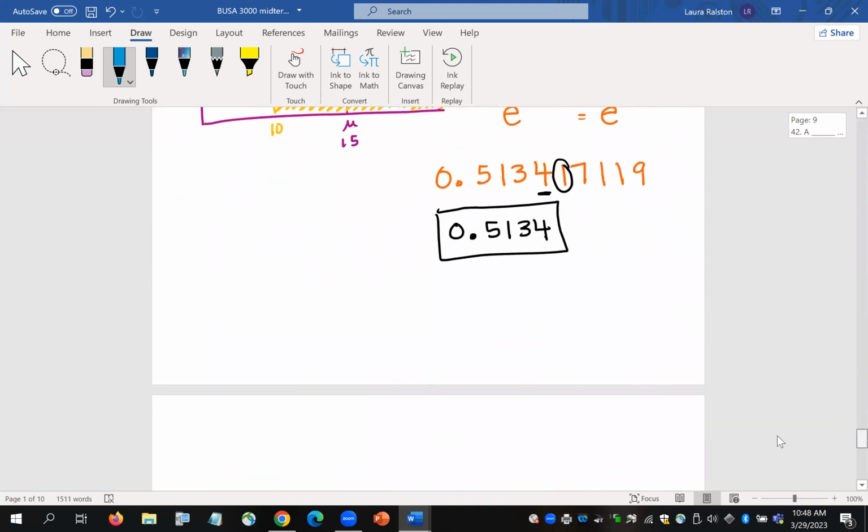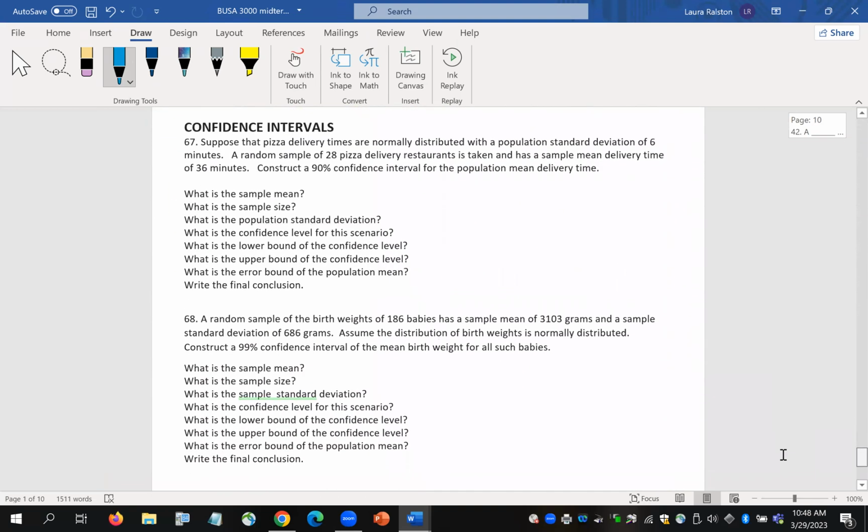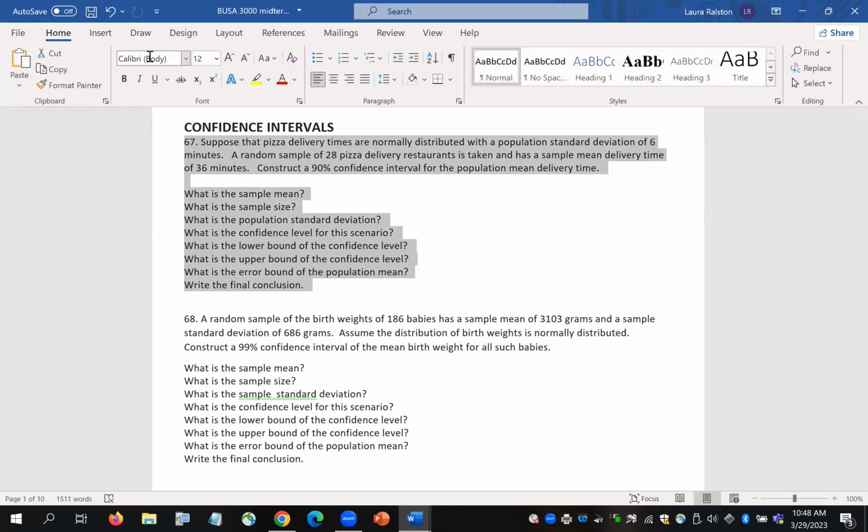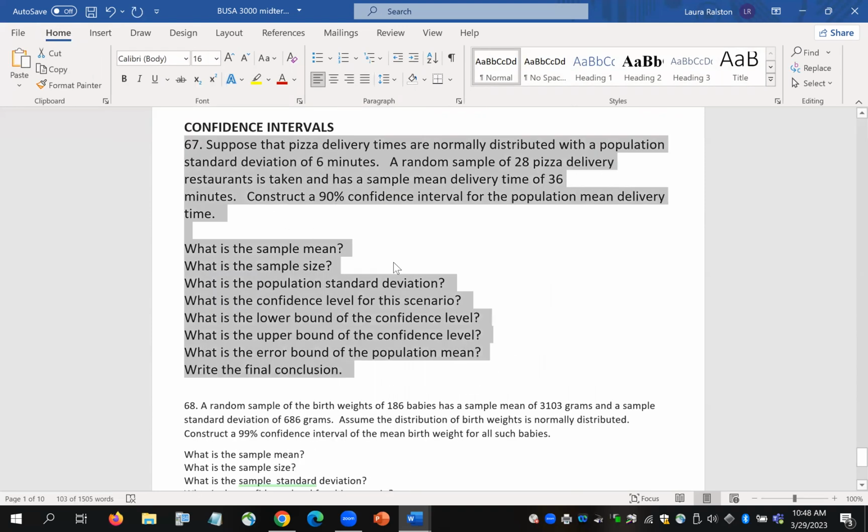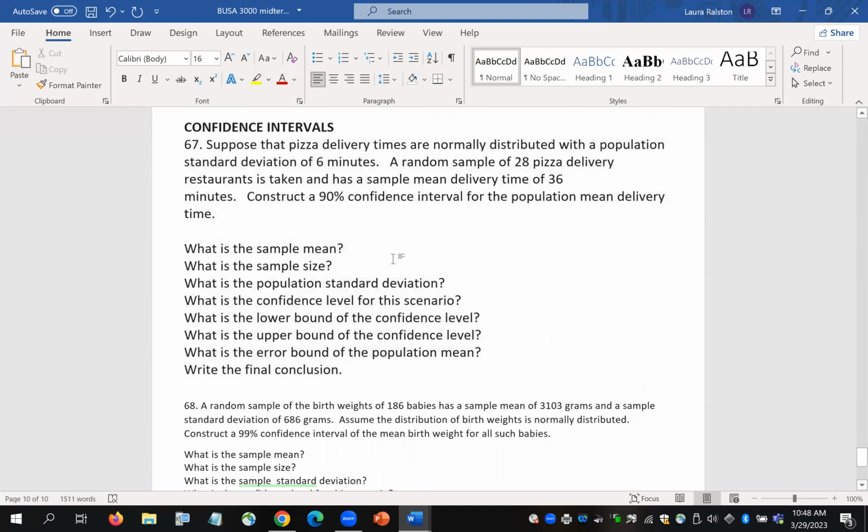Okay, the confidence intervals on your review sheet are the last 2 questions, questions 67 and 68. Okay, yes. So question 67 says, suppose that pizza delivery times are normally distributed with a population standard deviation of 6 minutes.